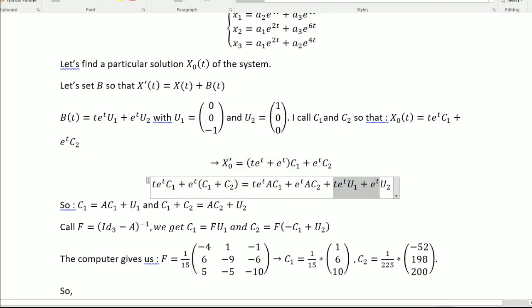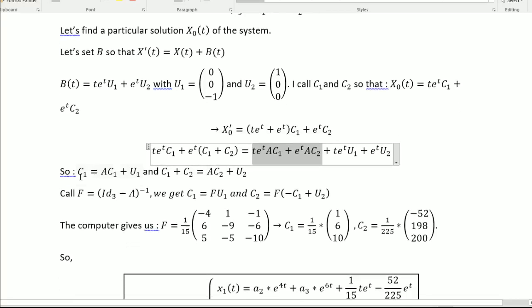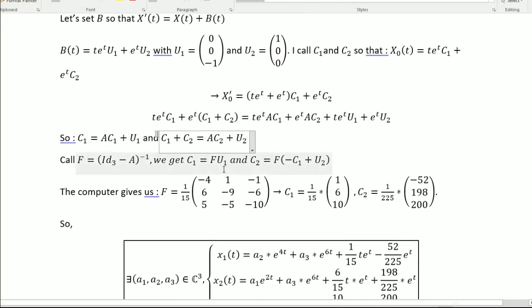So we have this one for B and this part for the general solution. We get this by identification, because we have something times t exponential t here, so we get this, and something times exponential t that is here. So by calling the matrix F that is equal to the inverse of identity minus A, we notice that C1 is equal to FU1.